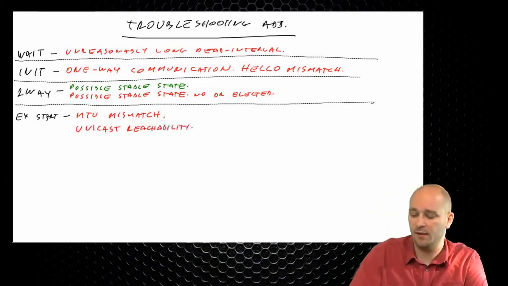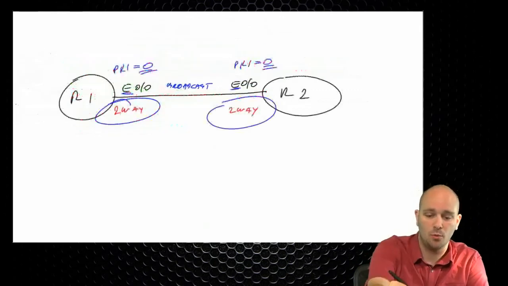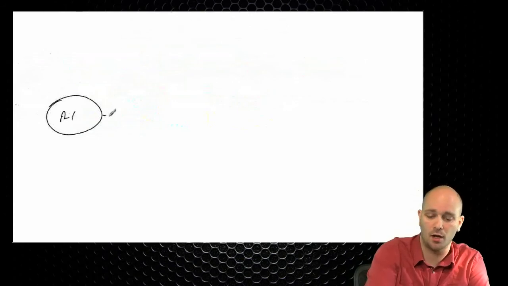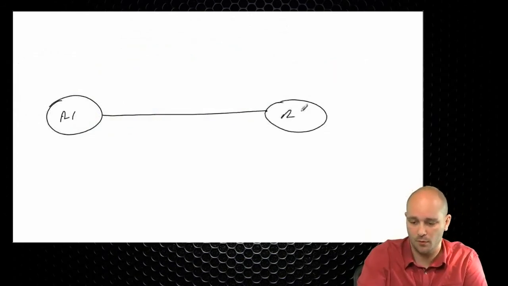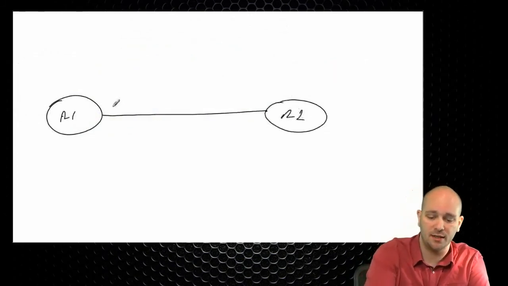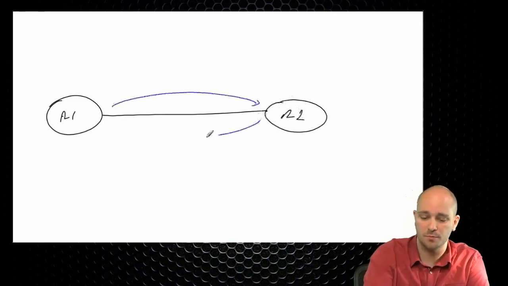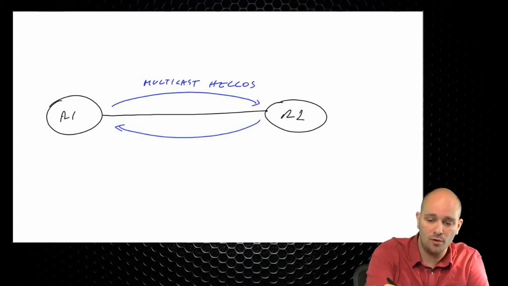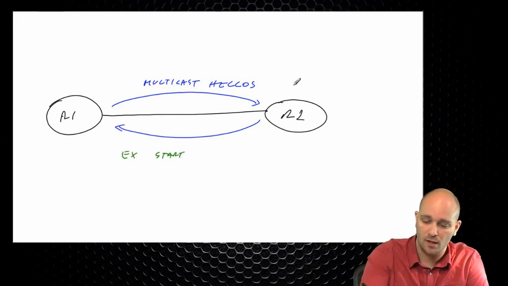Let me explain that a little bit. When we have two routers, R1 and R2, forming an adjacency and sending hellos, and we reach the exchange start, let's say that this was a master and this was a slave.